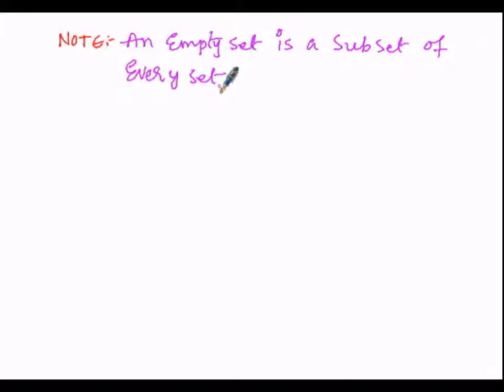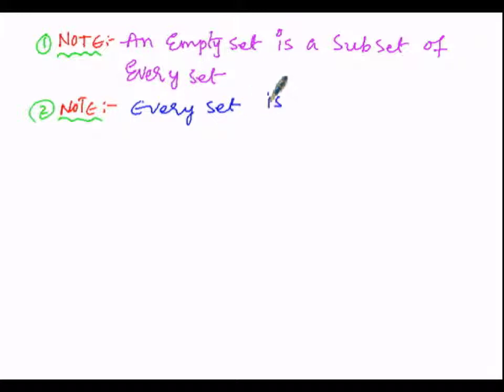We can write it as note number 1, and note number 2 is that every set is a subset of itself. So we can write one example also. Here the empty set is denoted by phi. If you consider any set as A, then phi is a subset of set A.